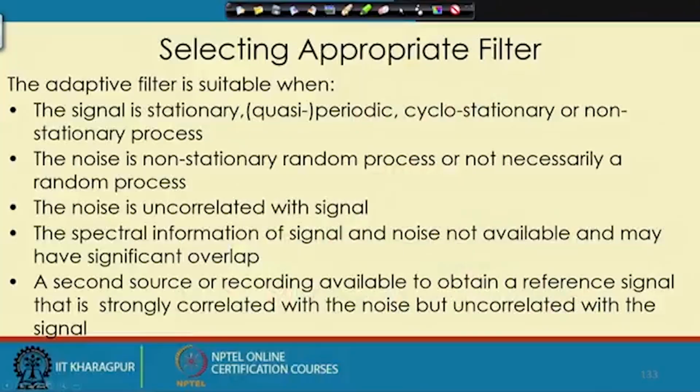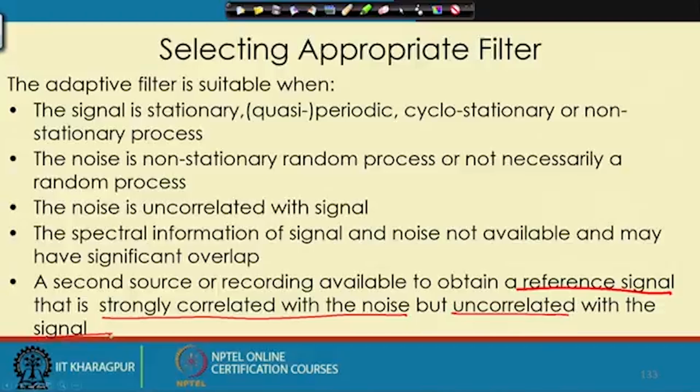And one more piece of information is required, we need a second source. A second source or recording is required. The recording of what? A reference signal which is strongly correlated with the noise but uncorrelated with the signal.